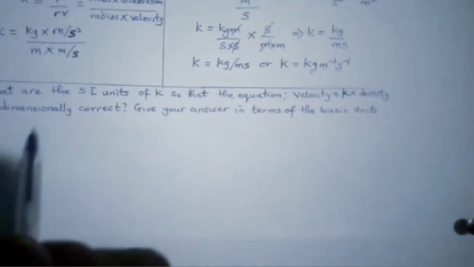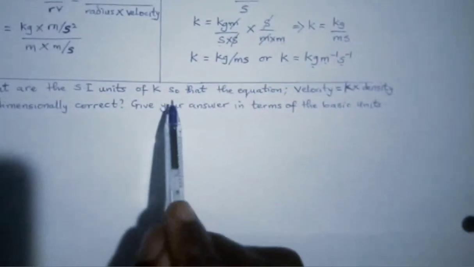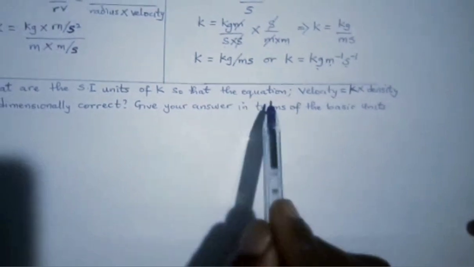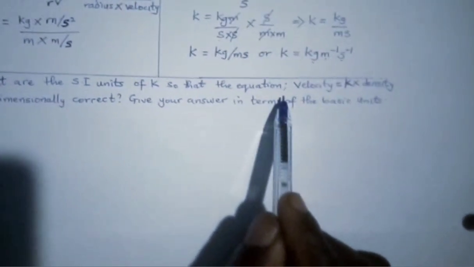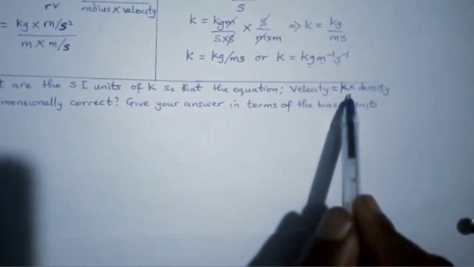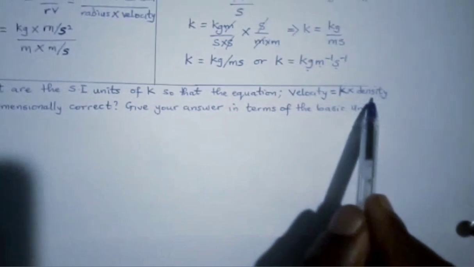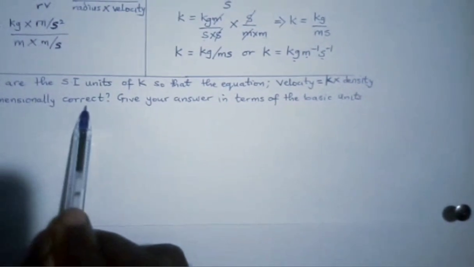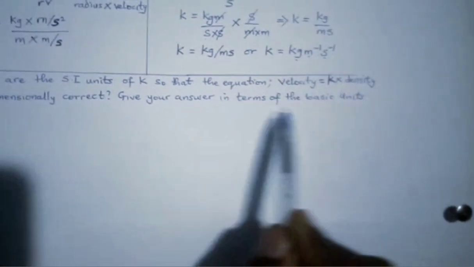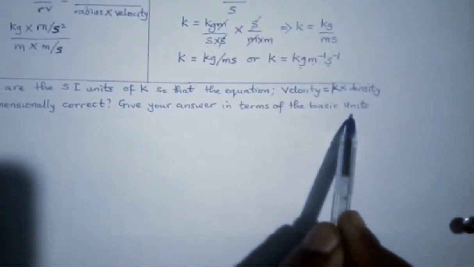Now to the second question, which says what are the SI units of K, so that the equation velocity is equals to K times density is dimensionally correct. Give your answer in terms of the basic unit.